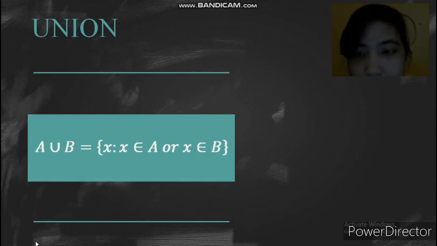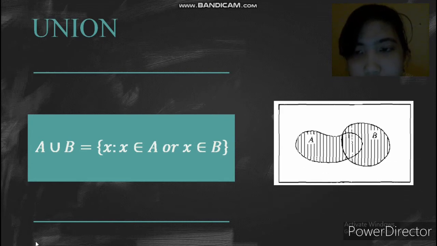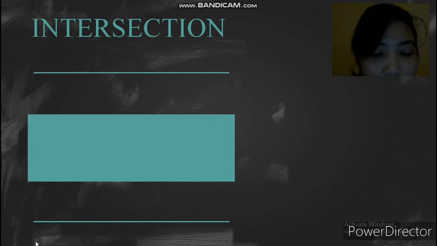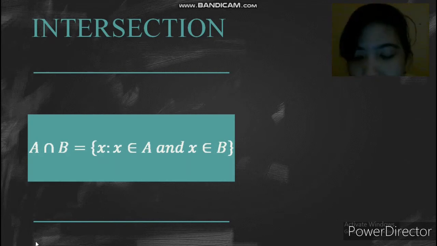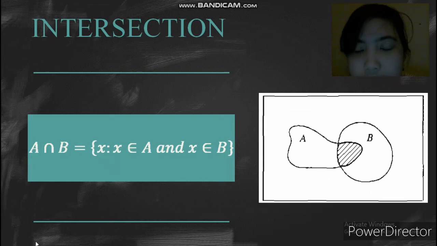And the diagram. Intersection. The intersection of the sets A and B is the set {x : x ∈ A and x ∈ B}. And the diagram.